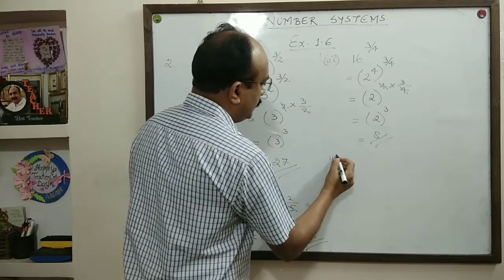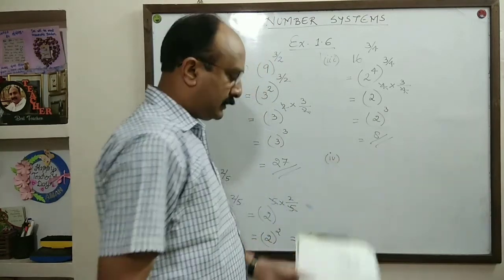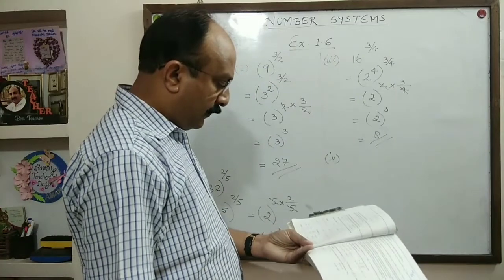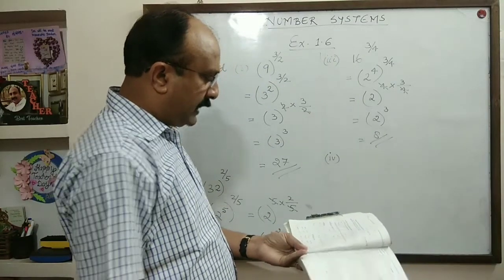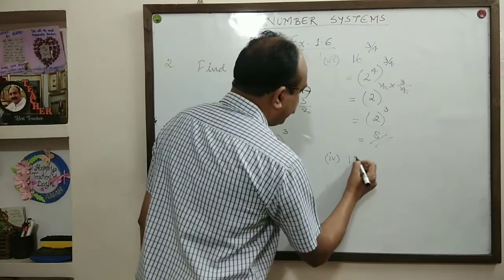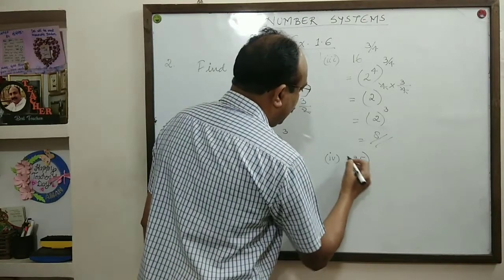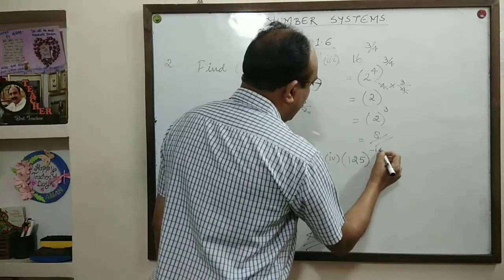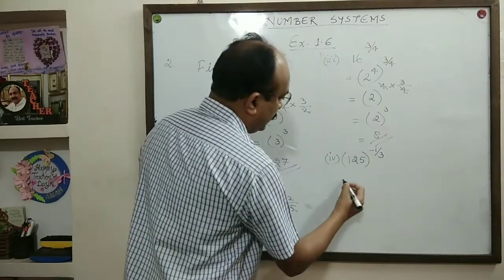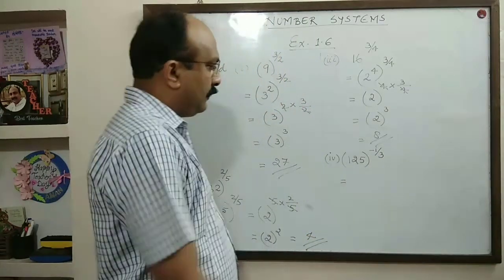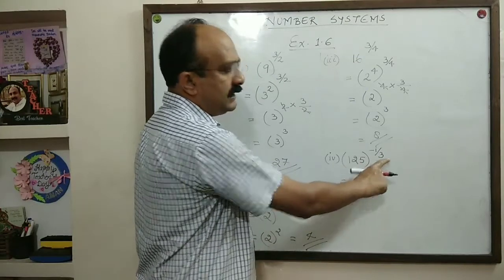Now the last question, that is question number 4, is 125 power minus 1 upon 3. 125 is to be expressed as something power 3.